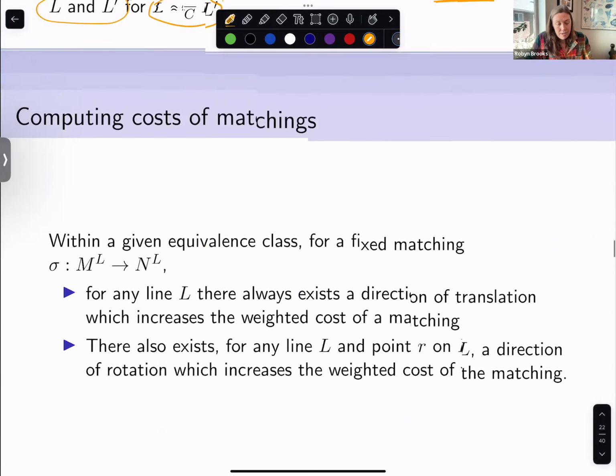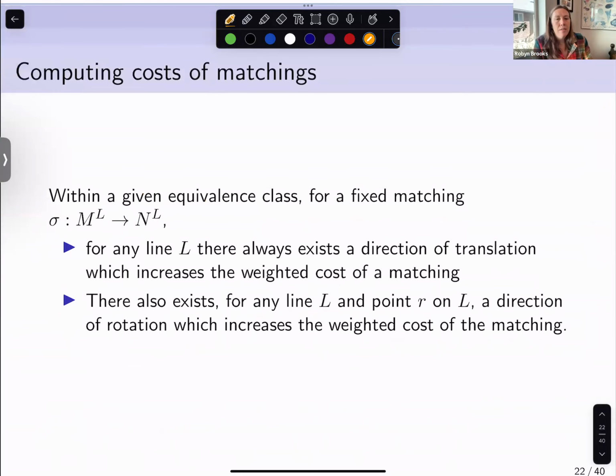And maybe even nicer, if I fix a matching between two diagrams restricted on a line, then there is both a direction of translation and a point and a direction of rotation that will not decrease the cost of that matching. I'm going to show you this in a second.